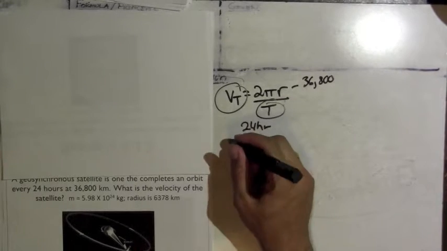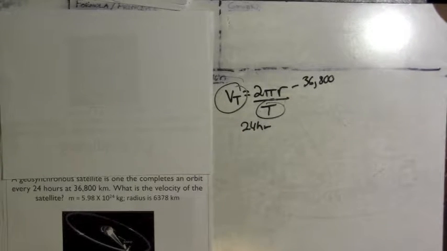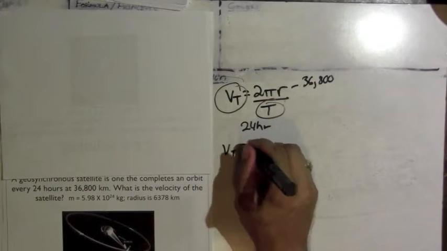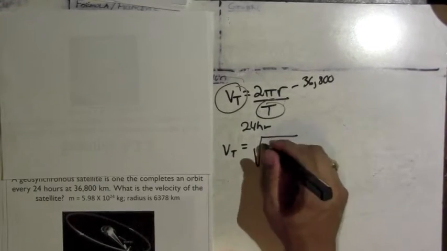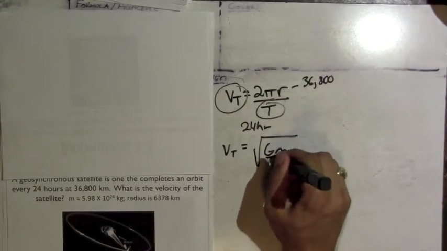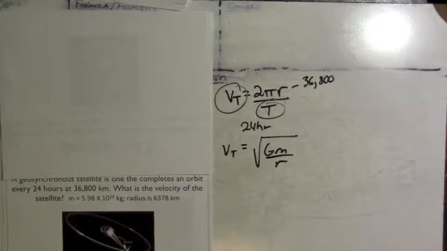Now you can also do it using the gravitational formula that we've talked about, Vt equals the square root of GM over r. If you were to do this calculation, you would get something slightly different in each one, because it turns out that satellites are not in circular orbit. They're actually in an elliptical orbit.